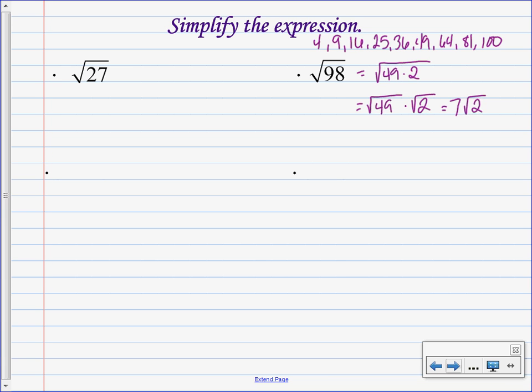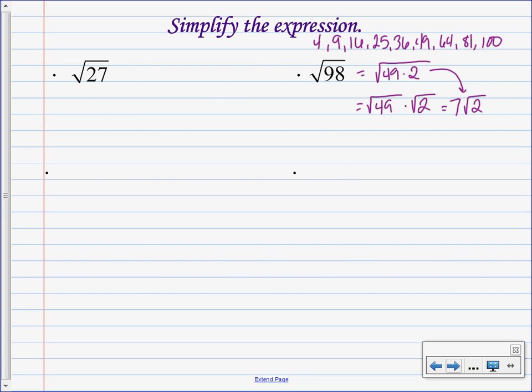Do I really need to do this step? No, as long as you know that this works, I can go from here directly to here, as soon as you have your perfect square. You don't have to do all the steps, especially since this one is kind of redundant. Square root of 49 is 7, and then the square root of 2 is still left underneath there. Okay, is everyone okay with that?